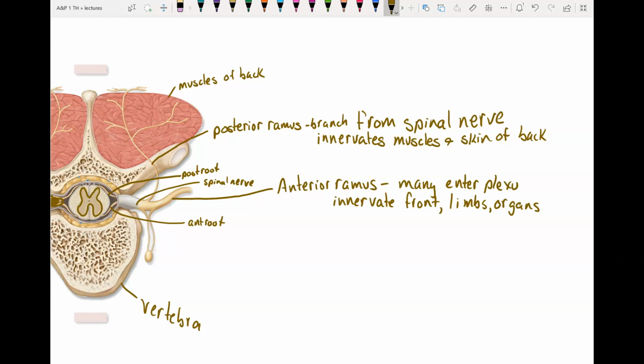Then we have this part down here. These two little branches here are rami communicantes. And they lead out to this, which is a sympathetic trunk ganglion.